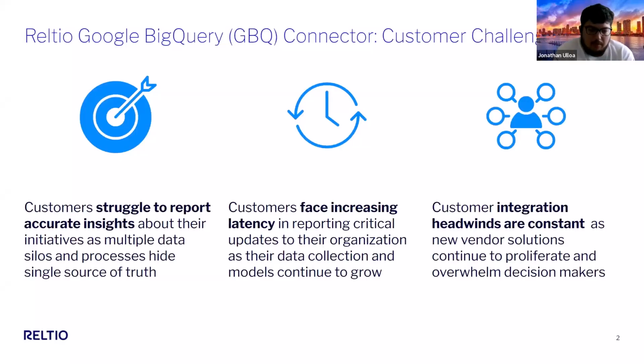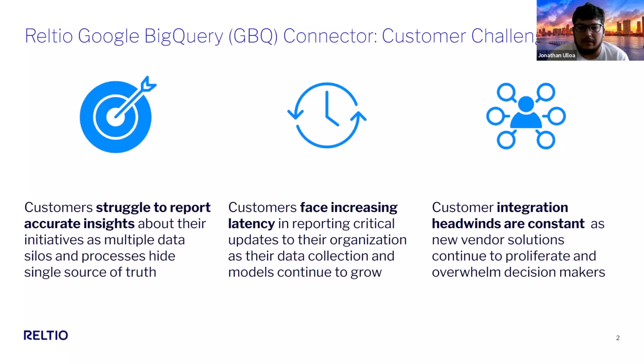What I want to talk about is three key challenges we're trying to solve. One, as many in the room might be familiar with, is the idea of a single source of truth, getting accurate insights, and that starts with getting accurate data. That's a huge challenge for organizations today, with the various data silos that exist.